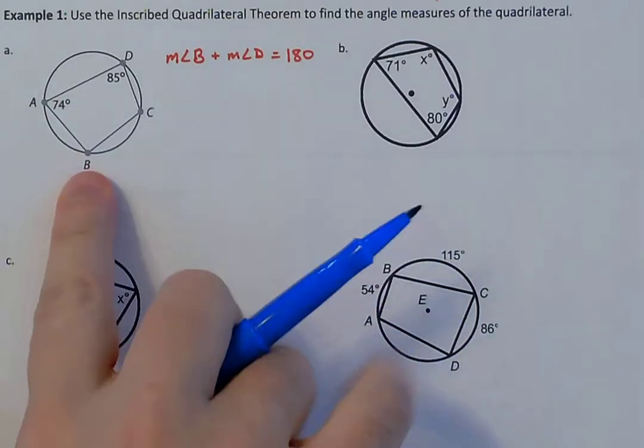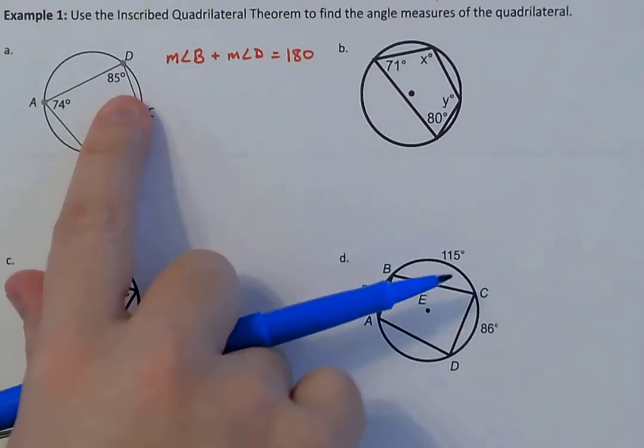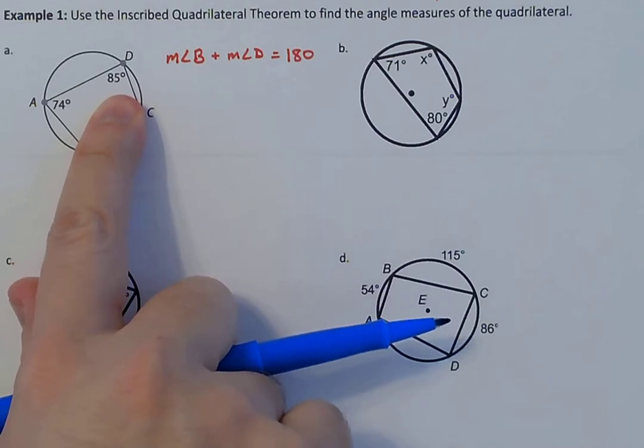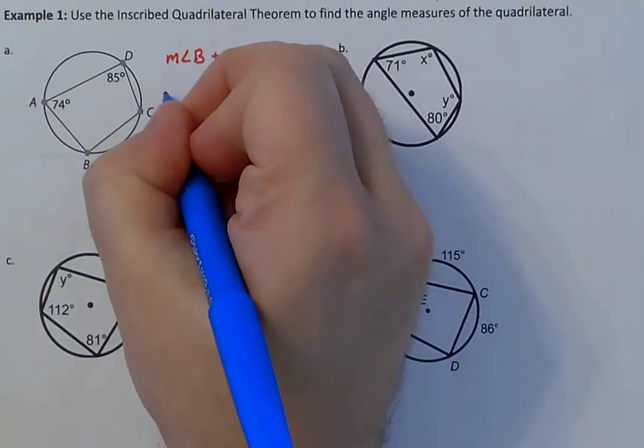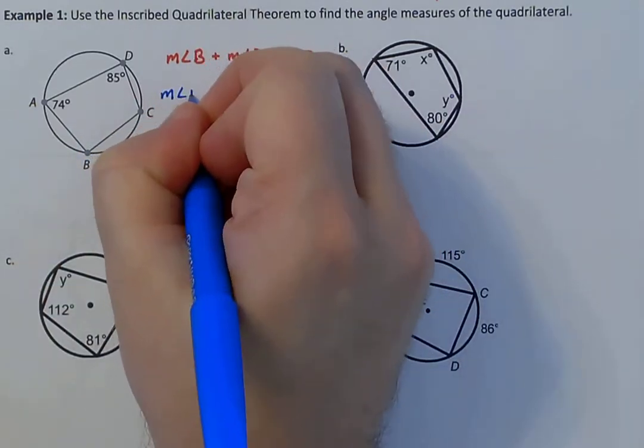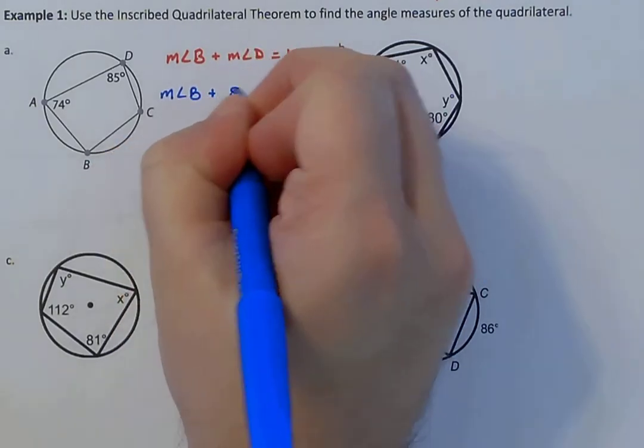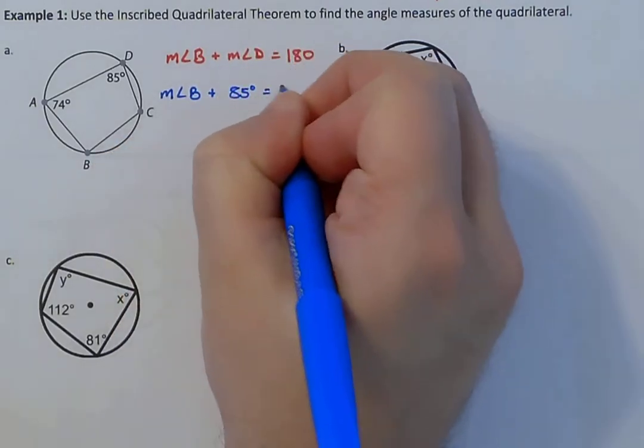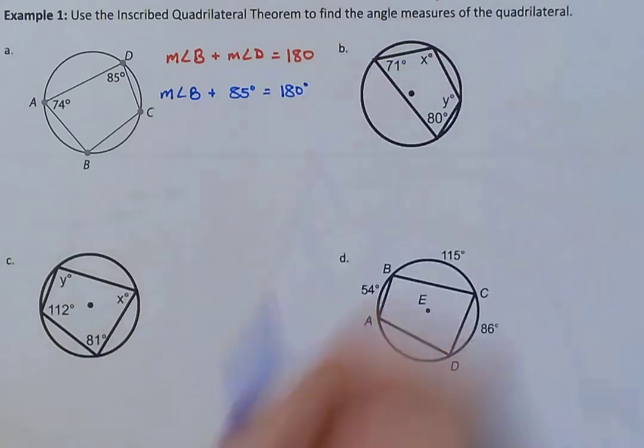So we want to figure out the measure of angle B, and they tell us that the measure of angle D is 85. So this is the measure of angle B plus 85 degrees equals 180 degrees. I'm drawing this one out, I won't do this for every problem.